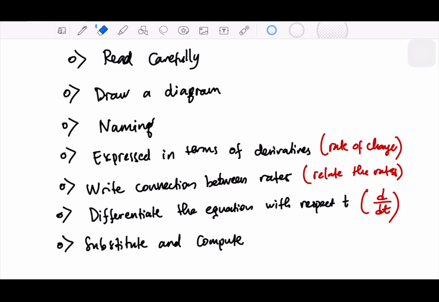And after that, differentiate those equations with d over dt, okay, with respect to t. And after you get the results, you can substitute and compute your goal. Okay, so you need to get your results at the very end. Okay.